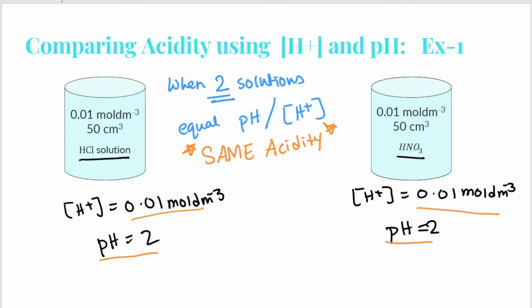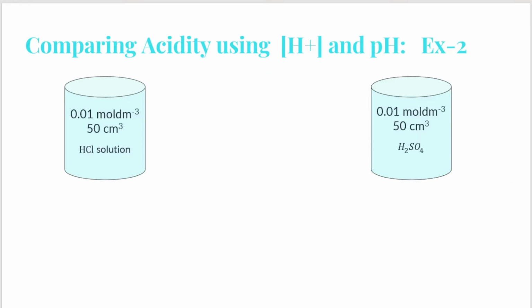Now, how about we compare the hydrogen ion concentrations and pH values of hydrochloric acid and sulfuric acid.